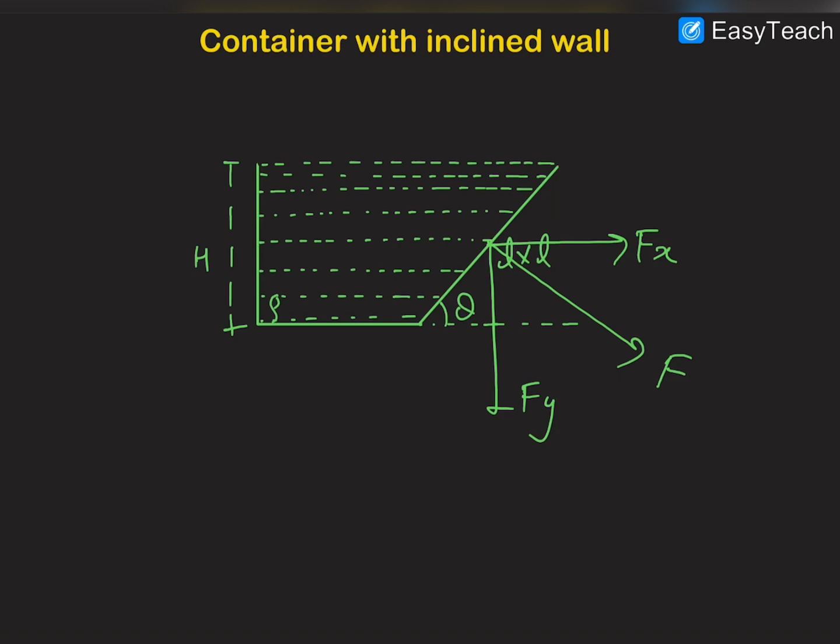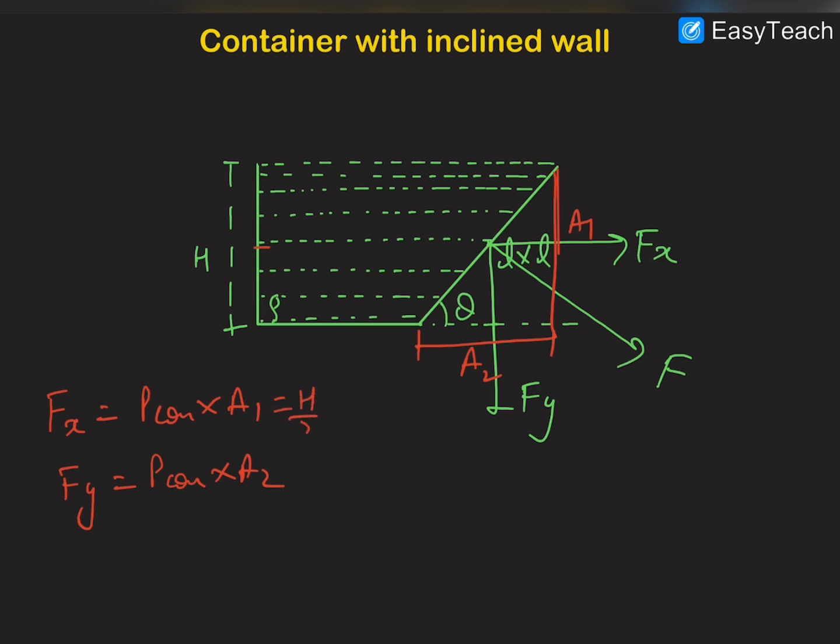Let's suppose that this is area A2 and this area is A1. So we can say that Fx will be equal to the pressure at COM, P COM, into the area A1, and Fy will be equal to P COM into area A2. So P COM will be H by 2 rho g. So Fx will be equal to H by 2 rho g into A1 area.